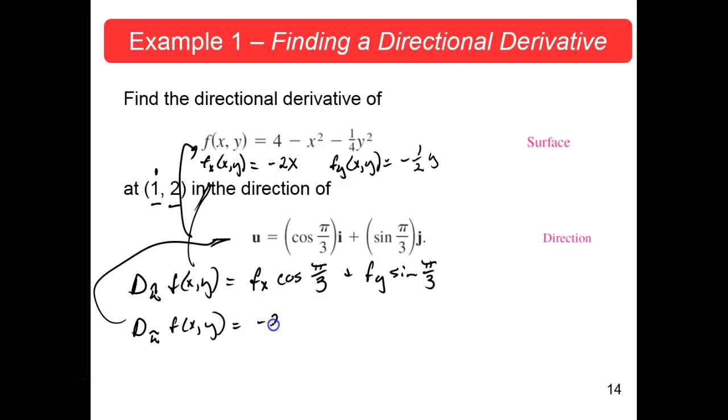So that's going to be a minus 2. And what was the cosine of theta? Cosine of pi thirds? Why did we use the x? Because we want the directional derivative of this at that point. Right. Okay. So that'll be 2 times, and what's the cosine of pi thirds?